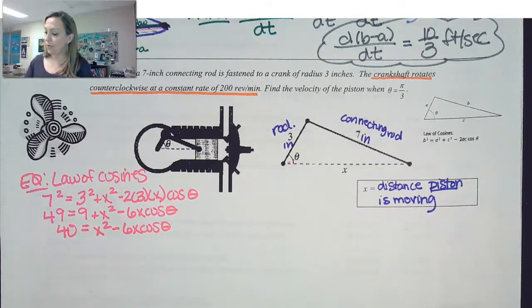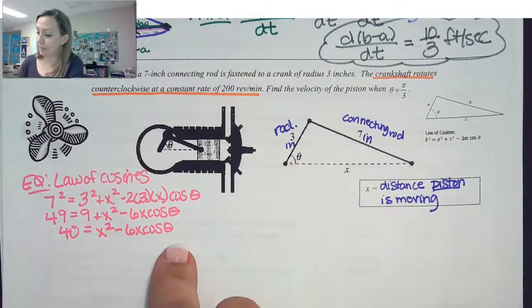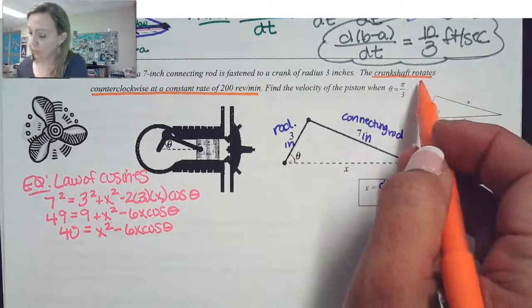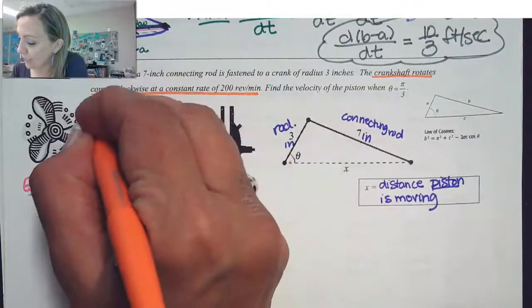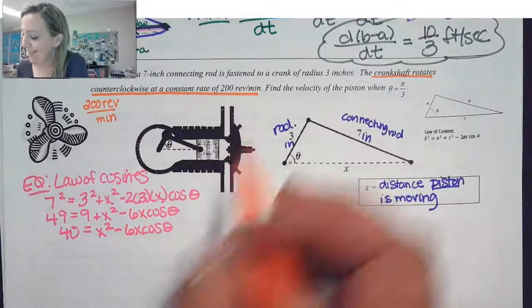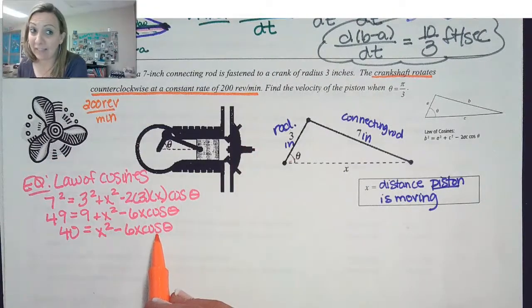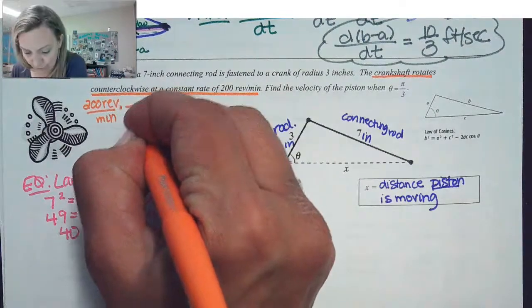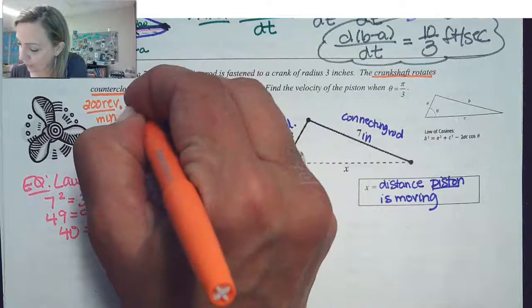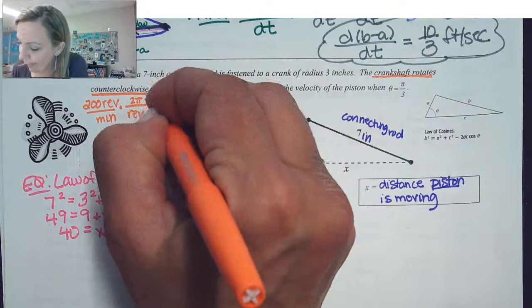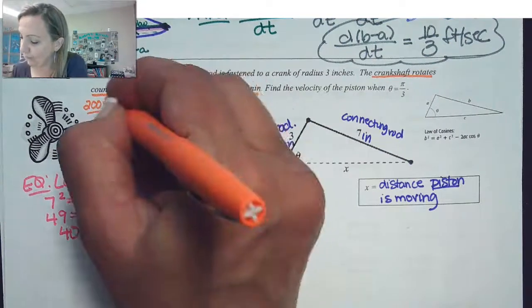And you might say, I don't really have a lot of information about theta, except this was talking about rotating. When it's talking about rotating 200 revolutions per minute, that's really telling us about the rate of change of theta, because how many radians are in a revolution? That's right, 2 pi radians. 2 pi radians are in 1 revolution.